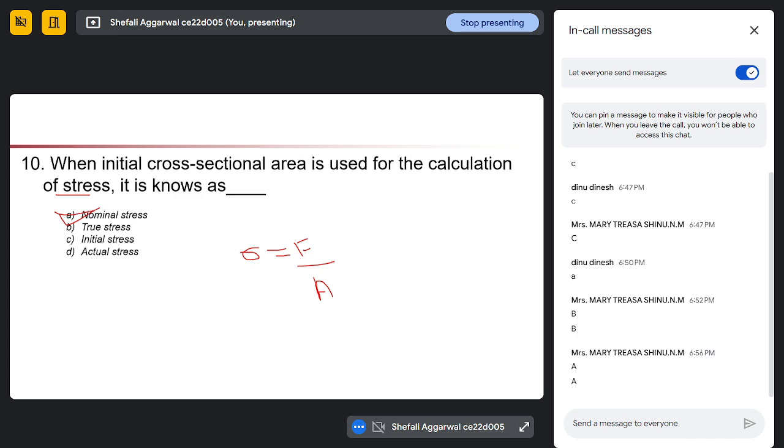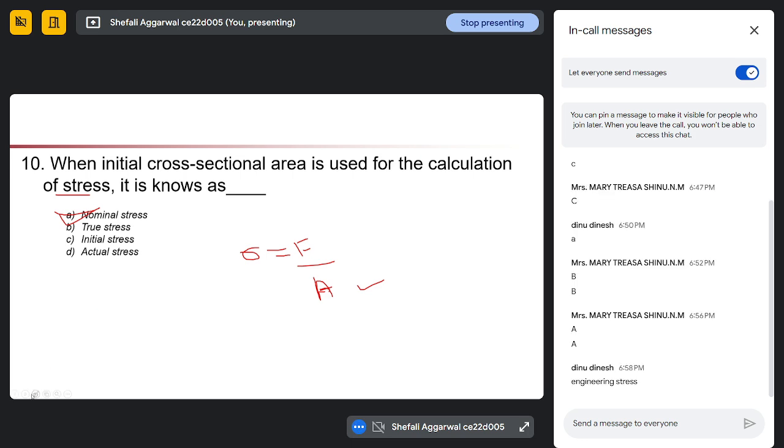If we are using the final cross-sectional area, or the cross-sectional area after deformation, then it is called true stress. However, if we are using the initial cross-sectional area, it is called nominal stress. Engineering stress is the same thing. You can call it engineering stress also.